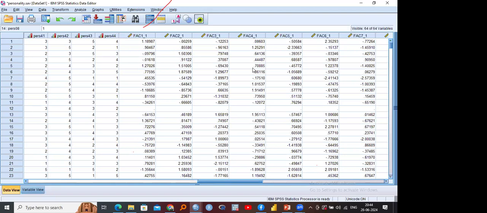After you have reduced the dimension, you will have 10 new components. You will get the values of these components in the form of variables in your data. Some people, instead of using those 44, use these 10 newly created factors.